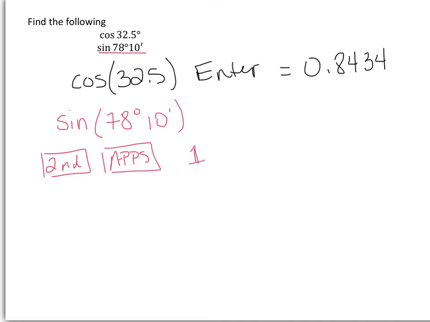Option 1 is the degree symbol. Option 2 is the minute symbol. That's what you'll use to enter this information into your calculator. Once you have done that, you'll see that your answer is 0.4730. Again, 3 decimal places will suffice.